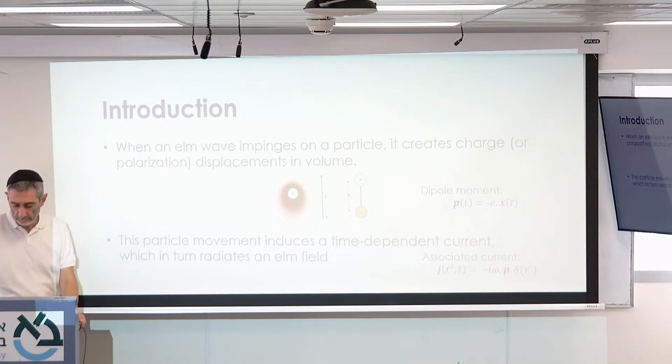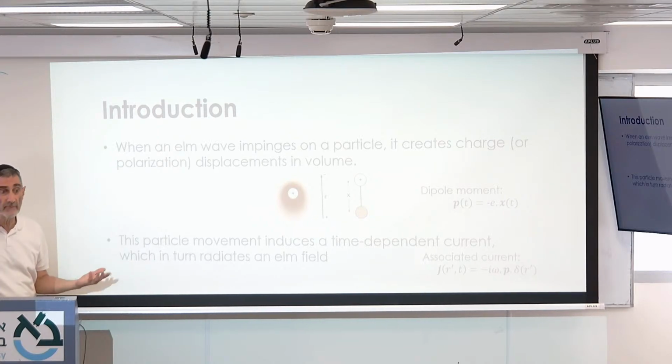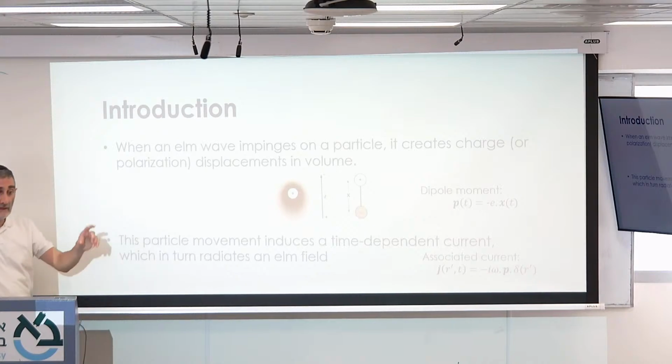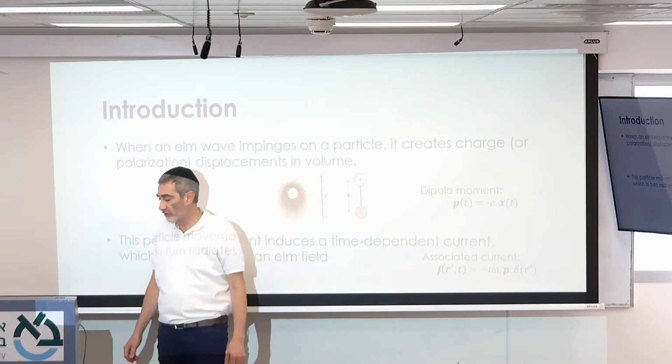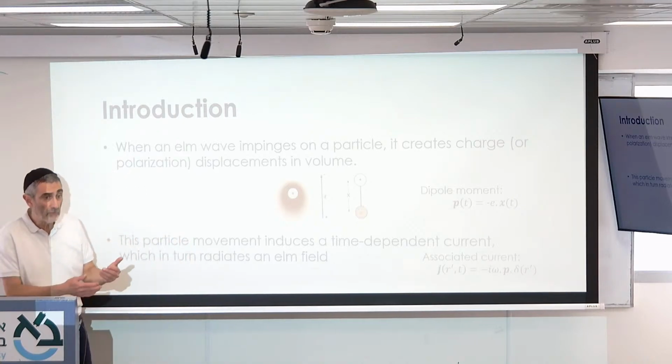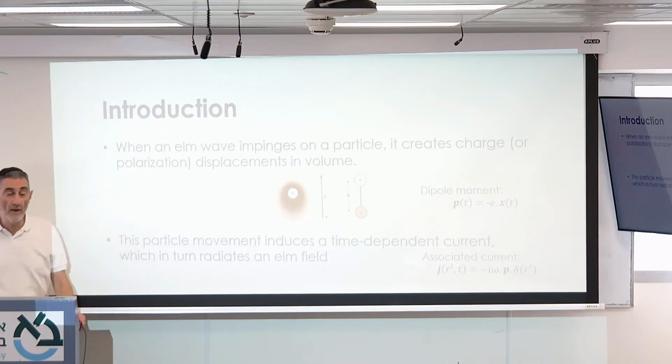So calculating the scattering by a particle is equivalent to calculating the emission by a dipole in that particular case. The dipole oscillates and generates a local current, and just briefly, the relation between the two is shown here. This current, like any dipole that oscillates, will radiate a wave.